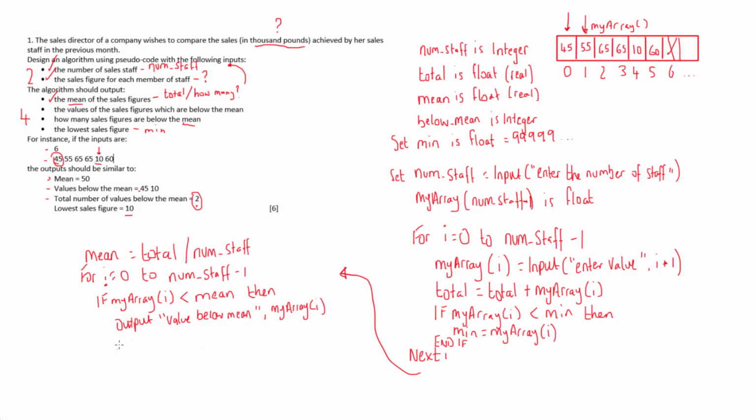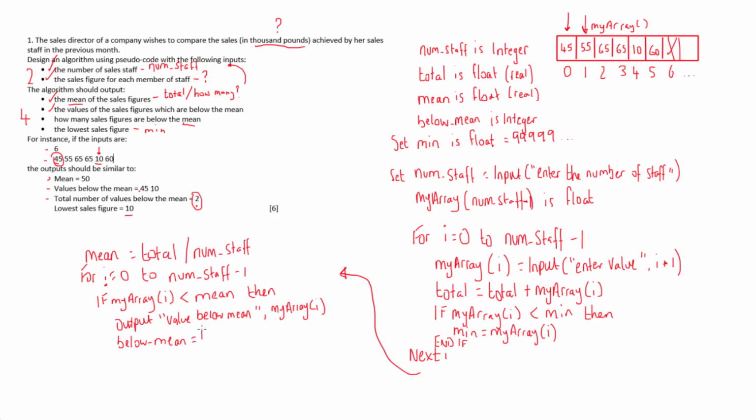Now the next thing to do, once it does that, is say how many sales figures are actually below the mean. So every time we find one of these values that's below the mean, we need to add it in to the below mean value. So I need to keep a running total. So I'm going to use this variable below mean.